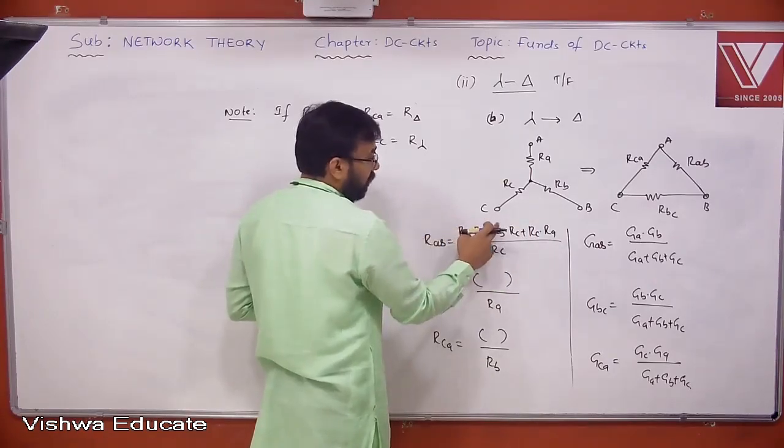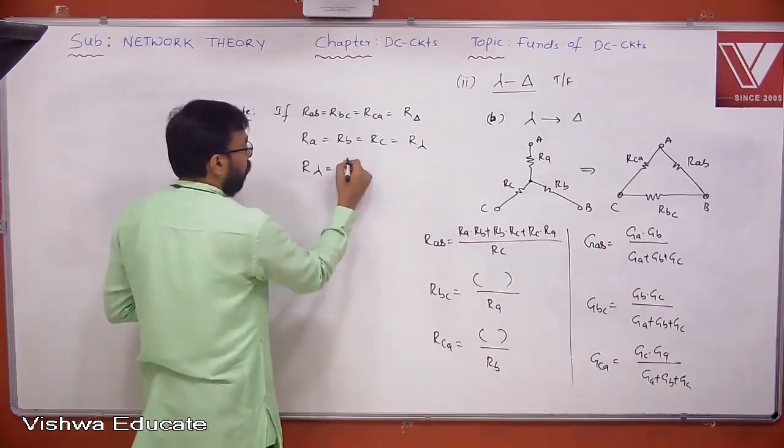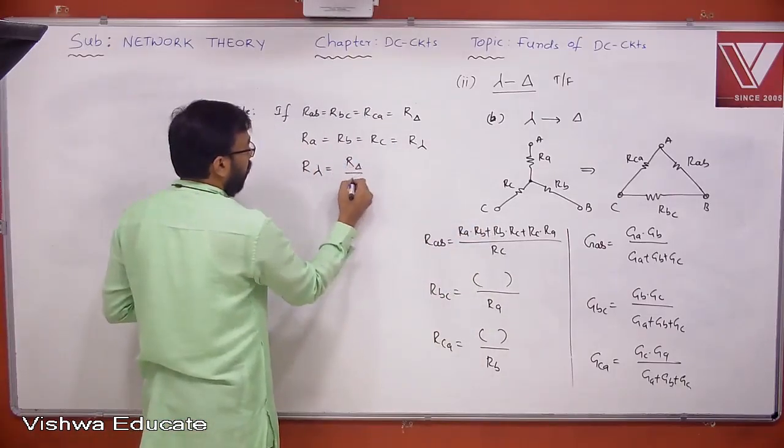Finally, you get 3R star. What is R star? R delta by 3.